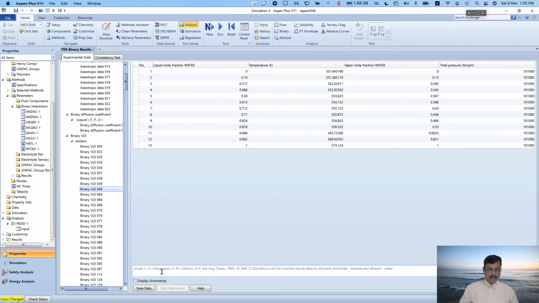This is the author, and the source is Industrial Engineering Chemistry, 1943, volume 35. The title of the paper is Equilibrium Still for Miscible Liquids: Data on Ethylene Dichloride, Toluene and Ethanol Water. This is the article from where this data has been extracted.